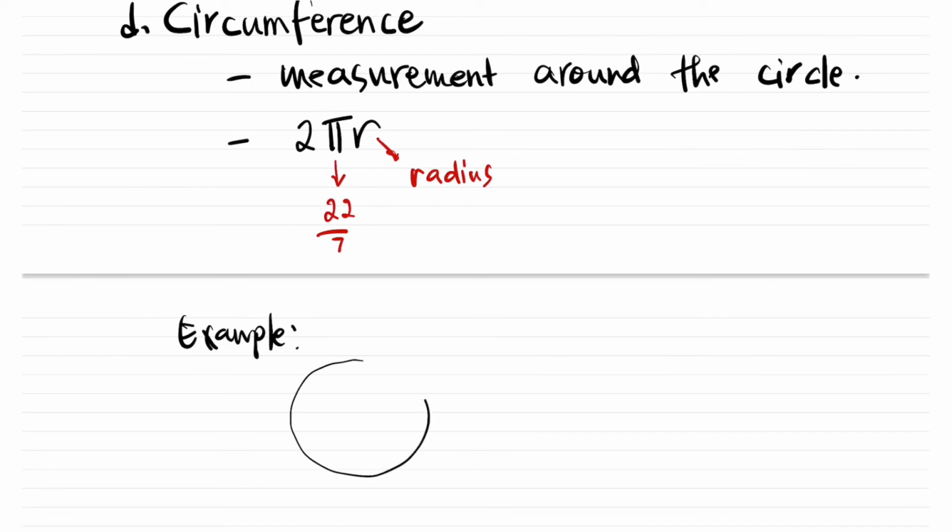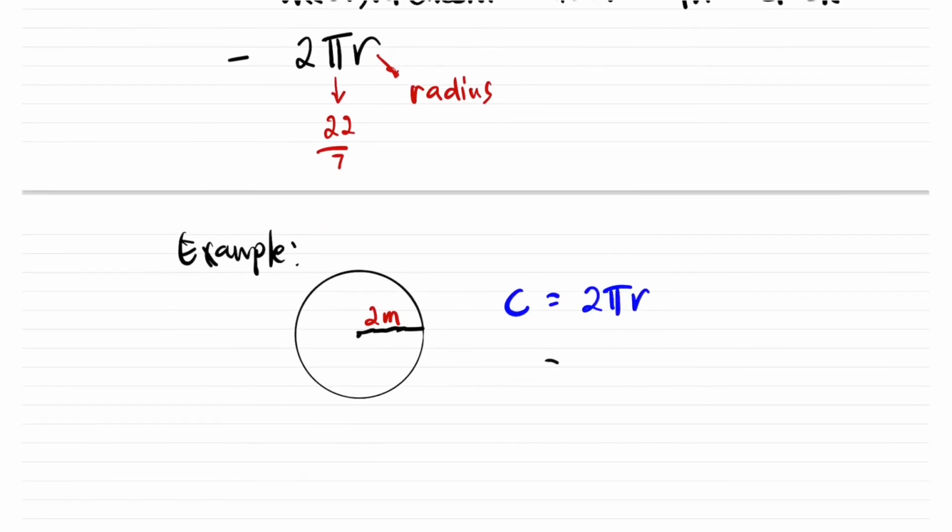We have a circle here, and we have a center, and our radius is equal to 2 meters. So therefore, if you find the circumference, circumference is equal to 2 pi r, which our solution would suggest 2 times 22 over 7 times 2 meters as the radius.